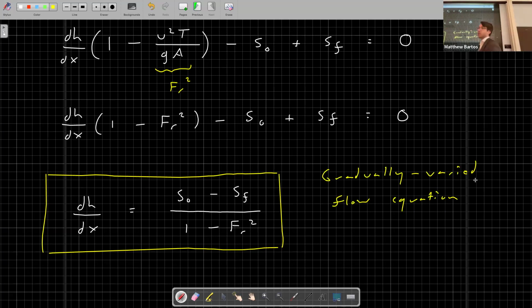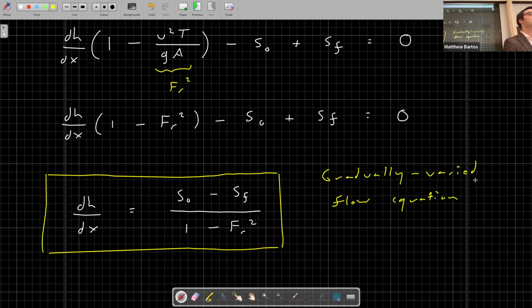That can be used to construct the entire water surface profile, given some information about the channel geometry, as well as relevant boundary conditions, which we'll talk about in a little bit. So what kind of equation is this? In what kind of class would you encounter an equation like this, aside from hydraulics?